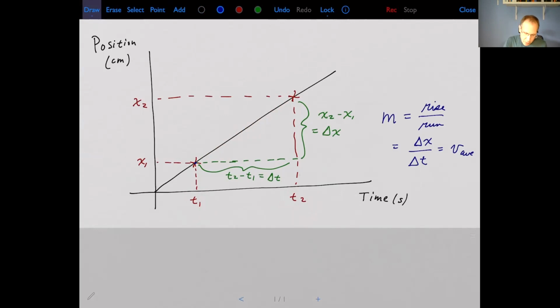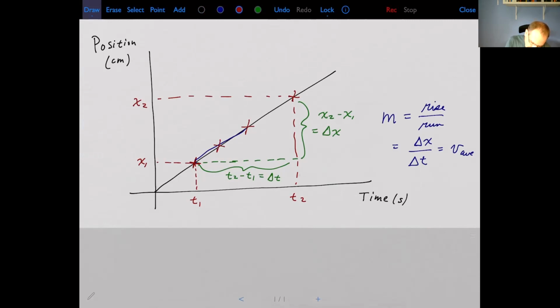What you do is you keep calculating the average velocity over smaller and smaller time intervals. So I'd leave the first point right there at t1, and I'd move the second point in. Like, let's say I move it here. Then I'd calculate the slope of that line. Then I move it in closer here, calculate the slope of that line.